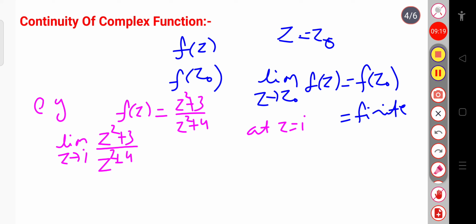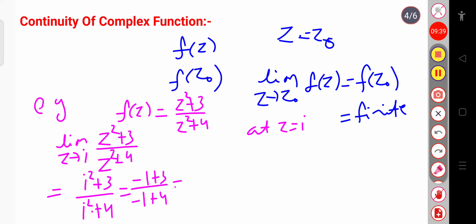If I put the value of z, that is i, this will be equal to i square plus 3 divided by i square plus 4. So, i square is minus 1, plus 3, divided by minus 1 plus 4. So, 3 minus 1 is 2, 4 minus 1 is 3. Our answer is 2 by 3, which is finite. So, we can say that the function is continuous at z equal to i.